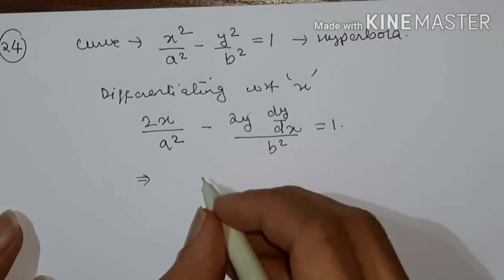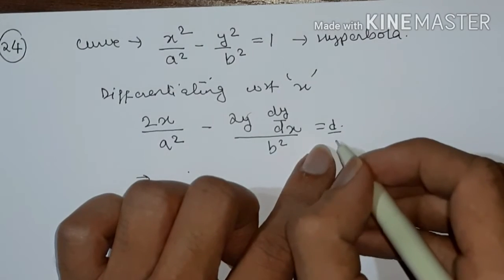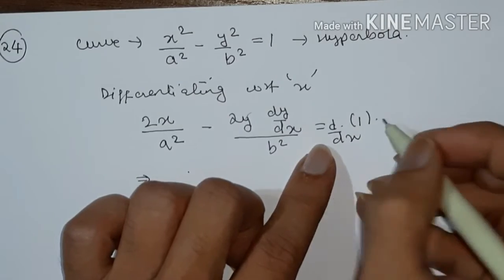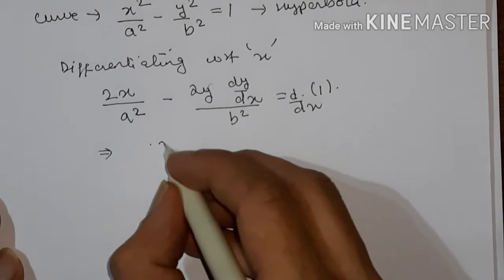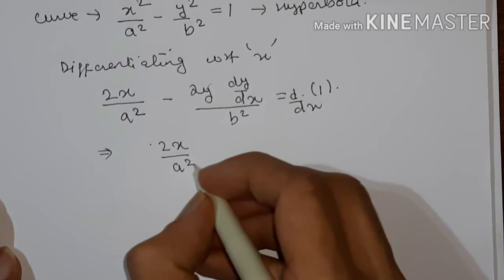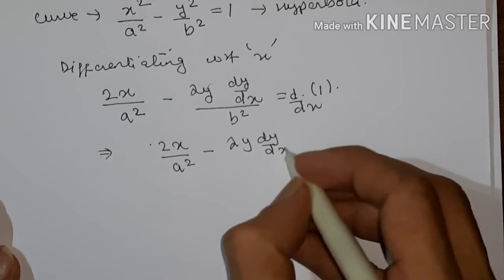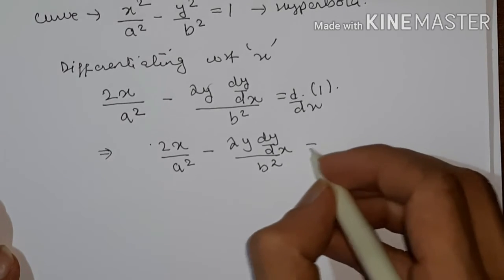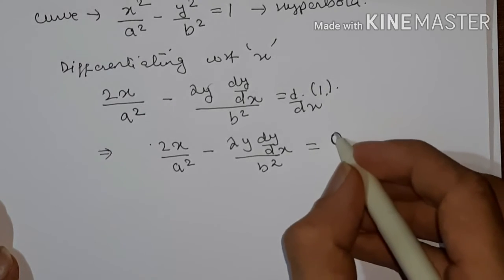So now what you get is, okay, the derivative of this. Also we have to take the derivative of 1 here, on both sides. So what you get is 2x divided by a square minus 2y dy by dx divided by b square equal to, dy by dx of a constant is 0.